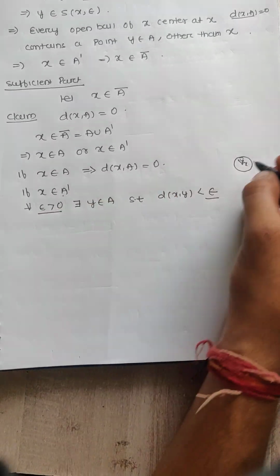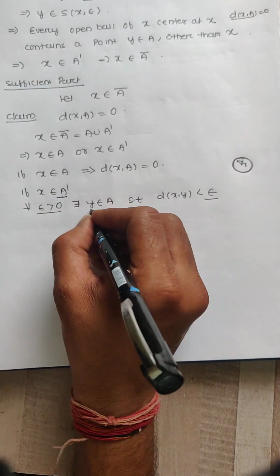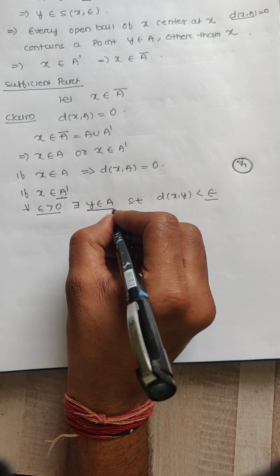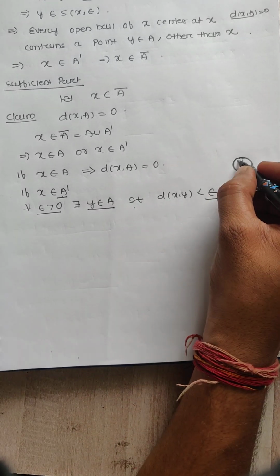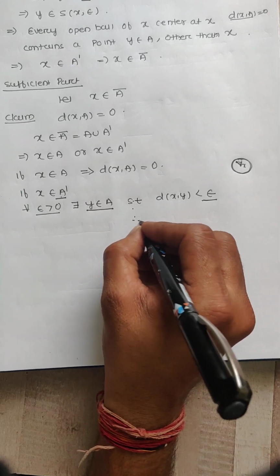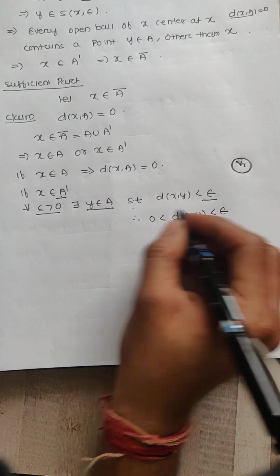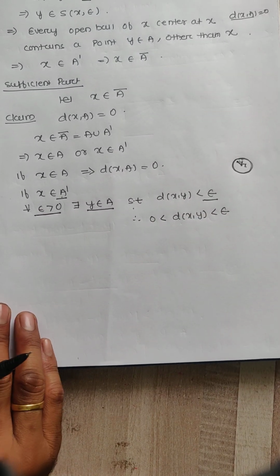For every epsilon, whatever neighborhood of x you take, there exists an element of A in this ball, because x is the limit point of A. Hence the distance between x and y is less than epsilon. This is true for every epsilon greater than 0.